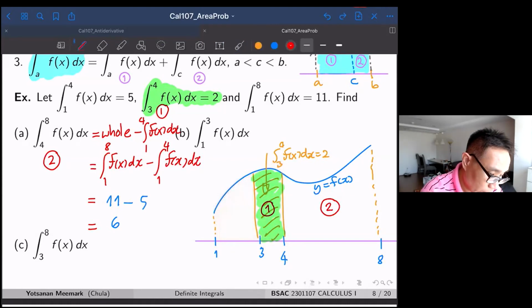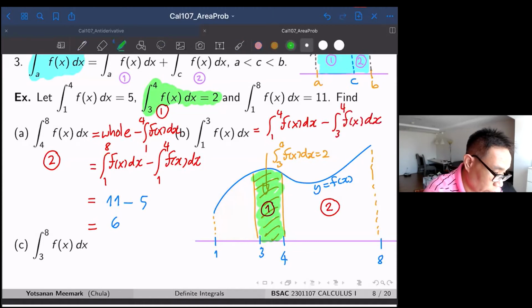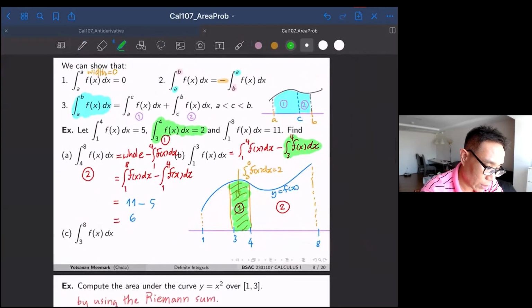So you're gonna just have the whole thing, which is integral from 1 to 4, subtract by the green one, which is integral from 3 to 4. Okay, so this guy is the green one. And you're gonna get what?